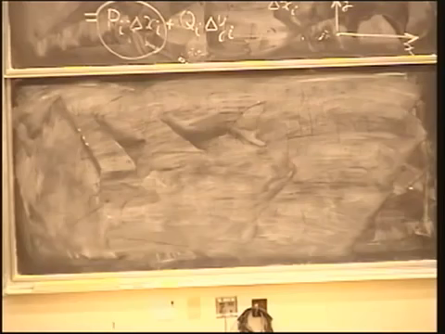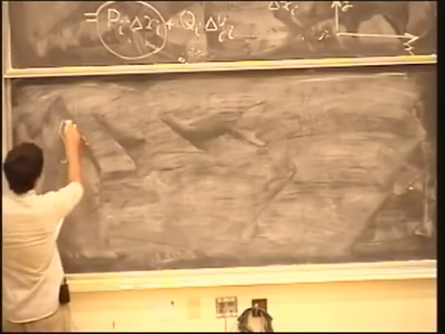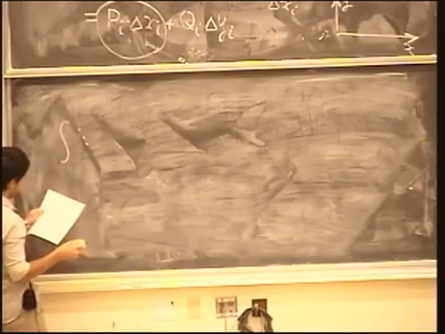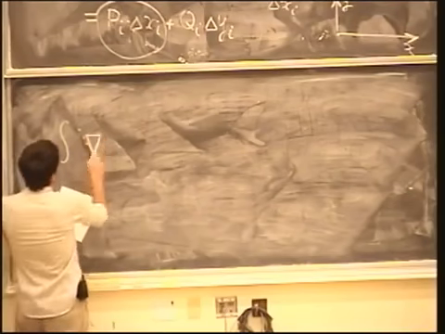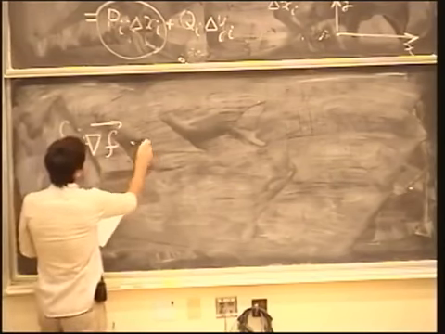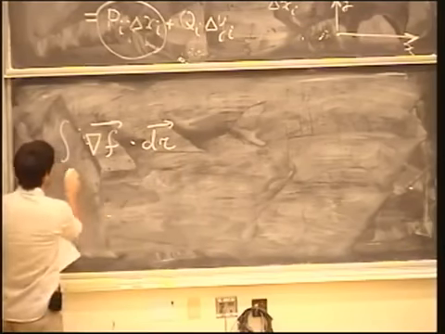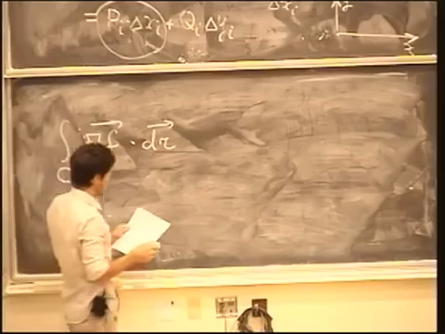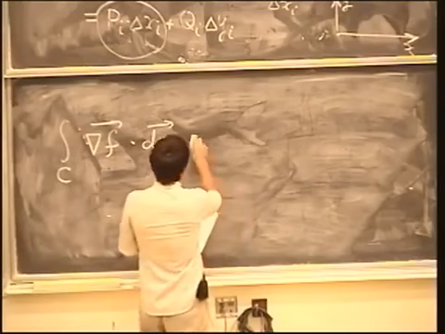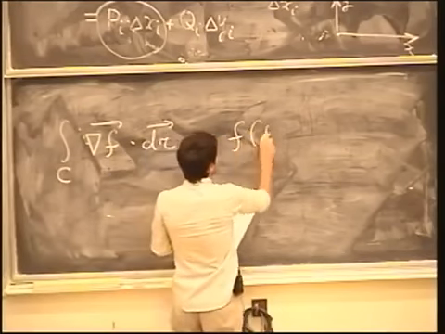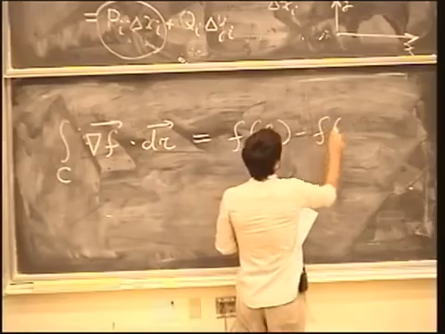It is a gradient of a function f. And what can we learn about line integrals of such vector fields? It turns out that we have the following beautiful formula. On the left-hand side, we have just the line integral of this vector field over this curve. And on the right-hand side, we just evaluate this function at the endpoints.